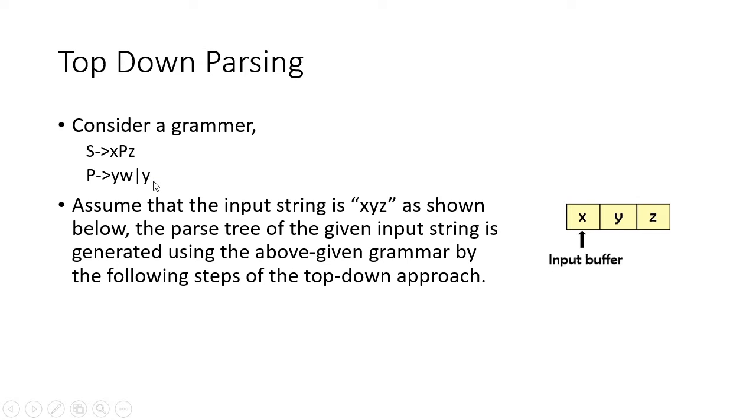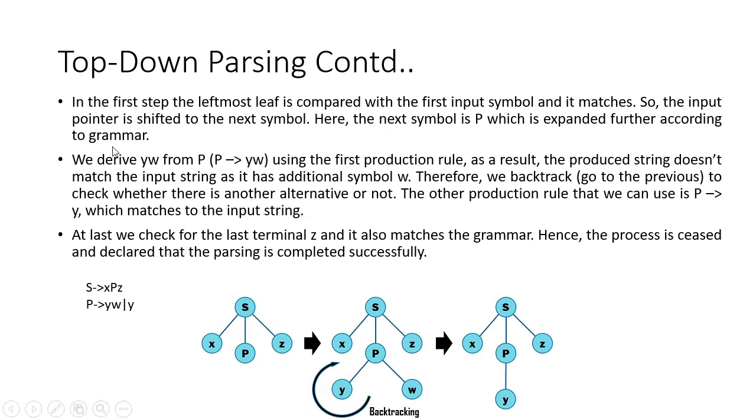Now let us see how the top-down parsing works. Consider an input XYZ. First of all, the input buffer will consider X as the first input. When we consider X as the first input, it will consider the first grammar rule, S derives XPZ, because X is the first character which appears there.